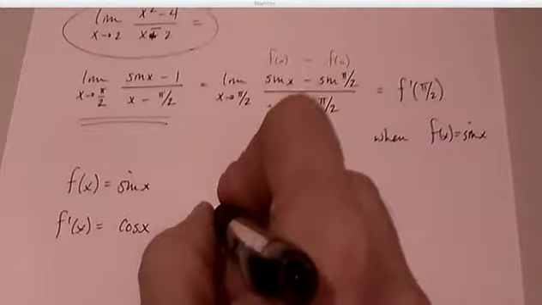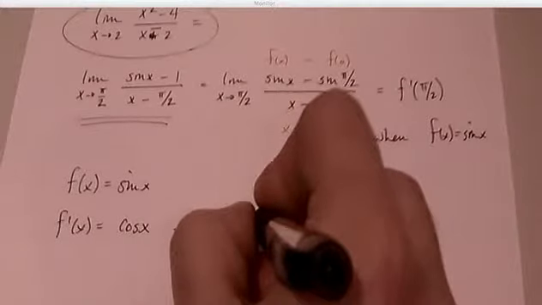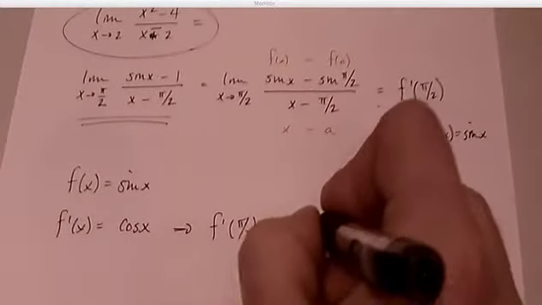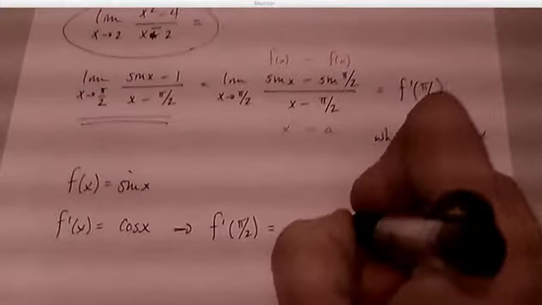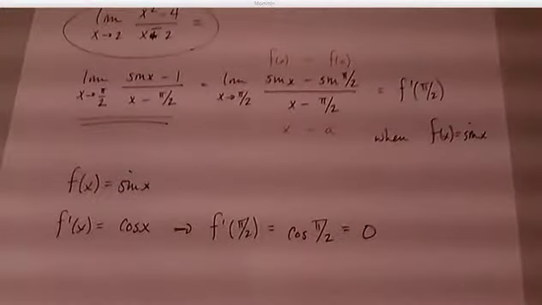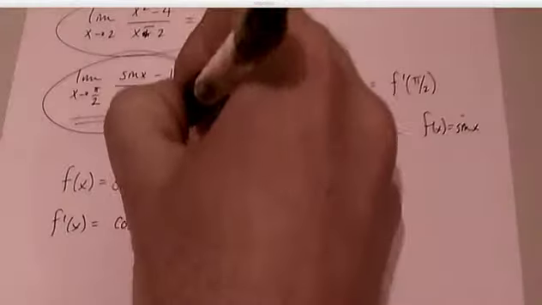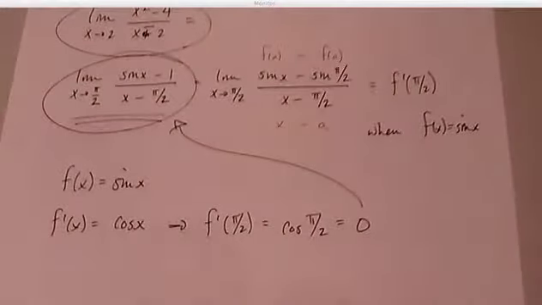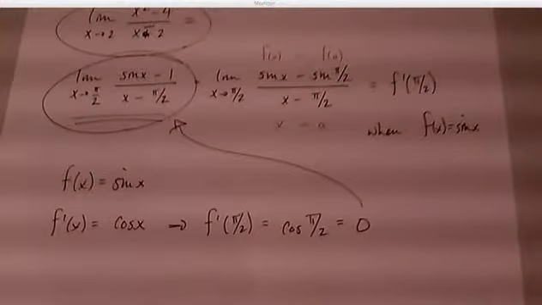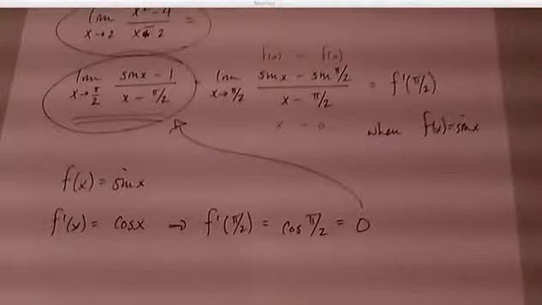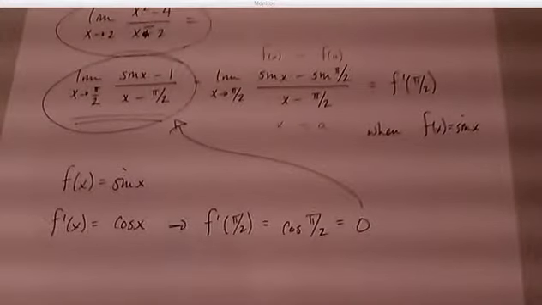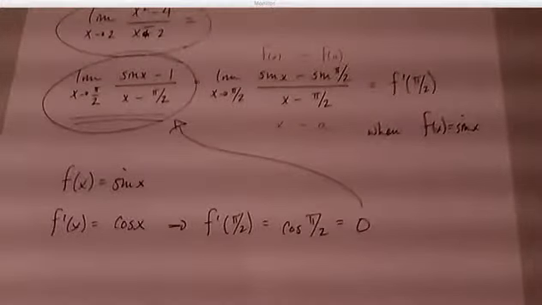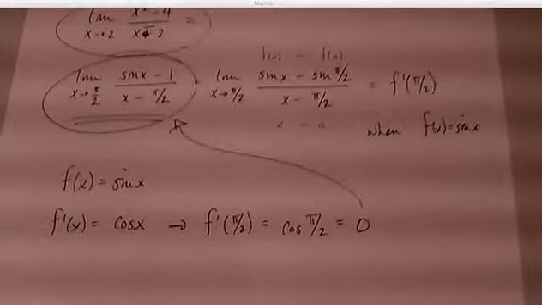So what that limit is really asking is, what's the cosine of pi over 2? And we know it's 0. But do you know that on the face of it when you're presented with that particular limit? And the answer is no, unless you see through the notation and recognize it as the limit definition of a derivative.